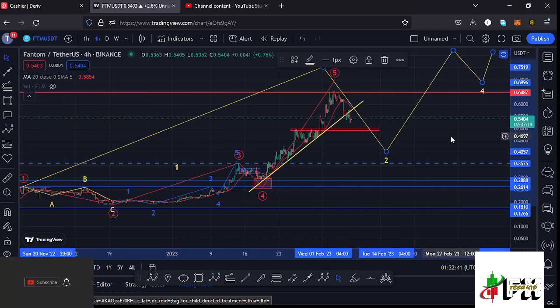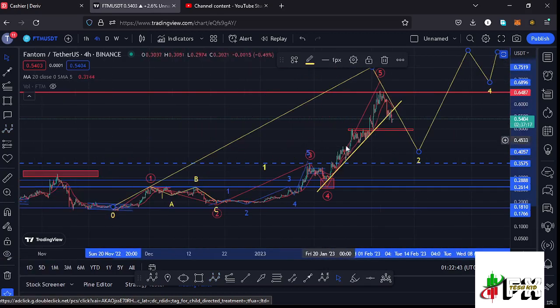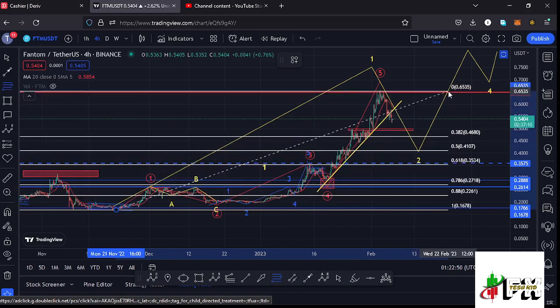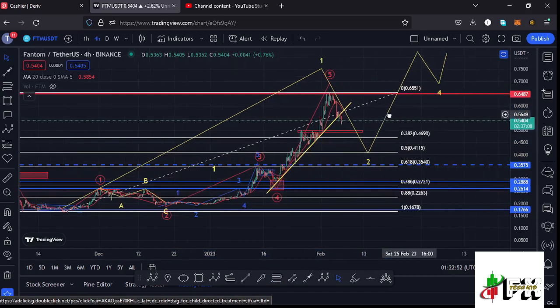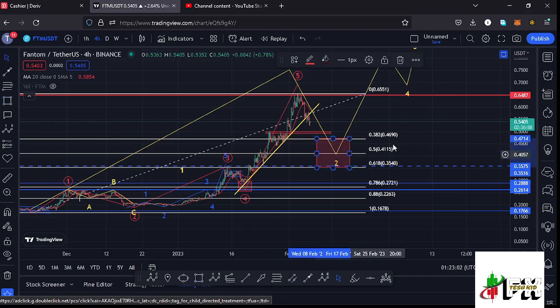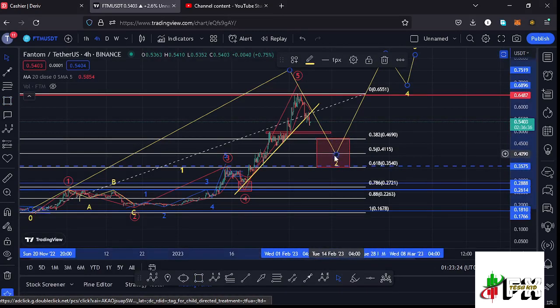And sketching out my target areas to the lower side in the formation of this wave 2, I can connect the Fibonacci's from the low of the first wave, which is down there, to the high at around the $0.65 mark, and that gives me a minimum retracement area between the fib level 0.382 and the fib level 0.618, and I can mark that target area here on the charts, which lies between the $0.469 mark and the $0.354 mark, and that is the minimum that I'm expecting this second wave to the lower side, and it is within this red target area that I'm expecting to see the low for this wave 2.